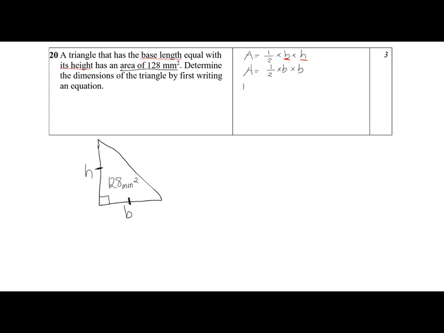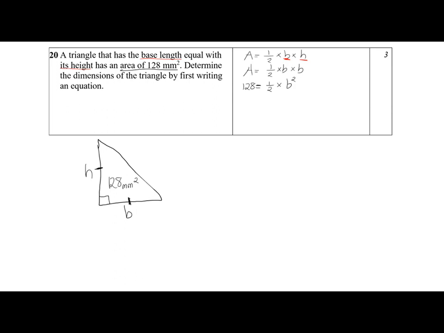We're told it's 128, so the area is 128, so I'm substituting that value in, and that is a half times the base times by the base. But something multiplied by itself, we've got a shorthand for writing that in maths. We write it as b squared. So b multiplied by b is b squared.